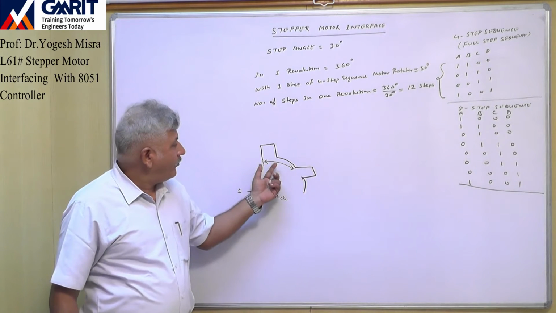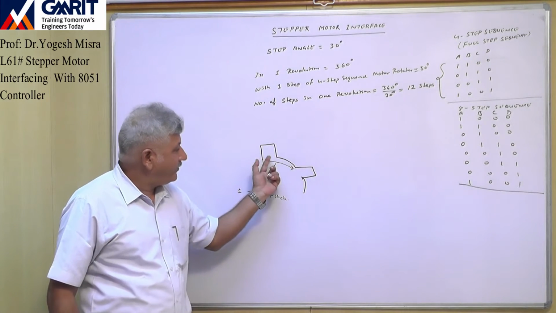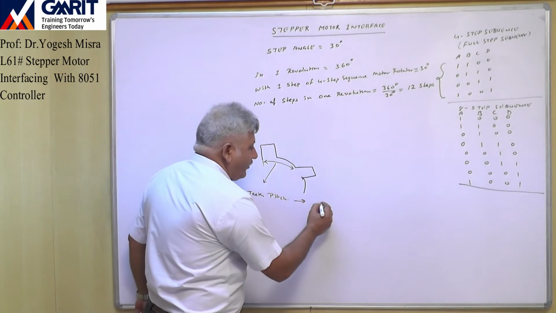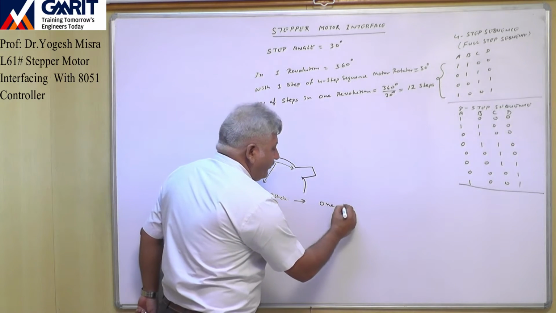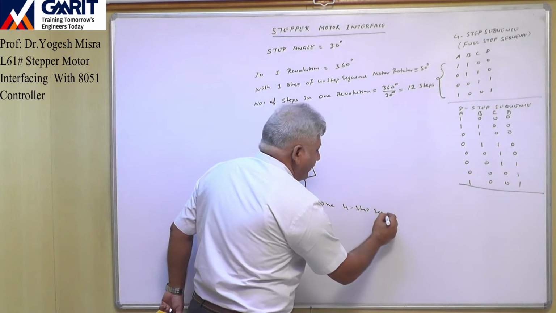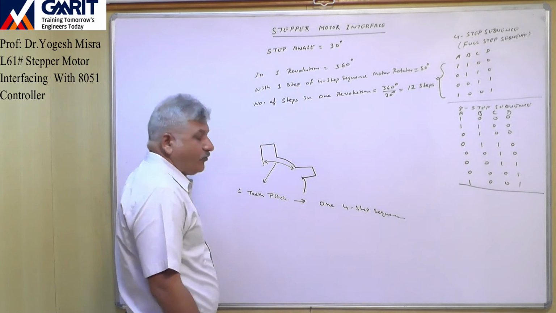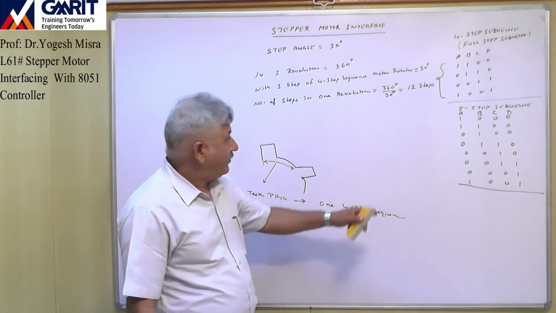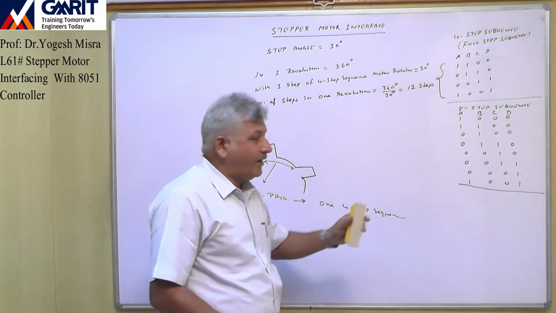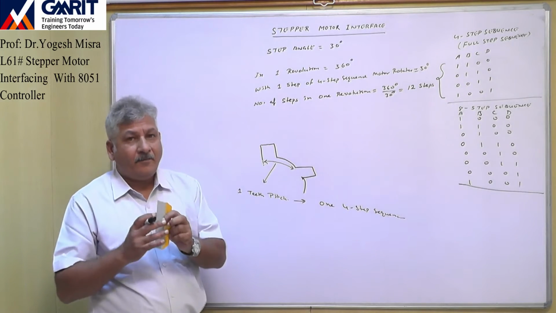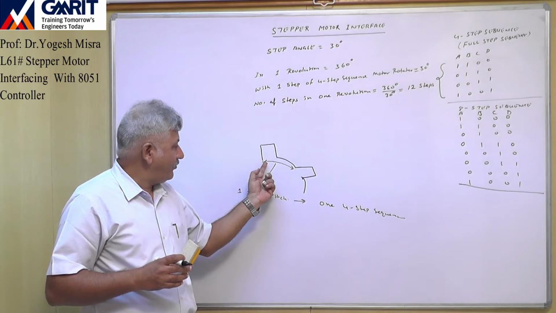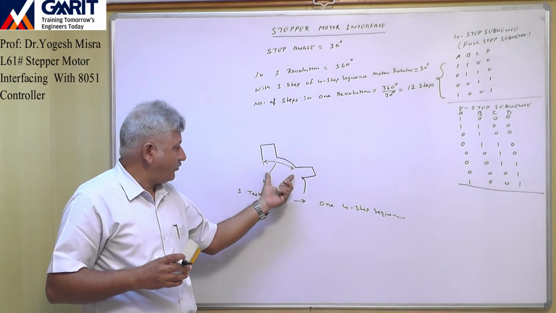To rotate the motor by this one tooth pitch, we require one 4-step sequence. These 4 steps are required, these 1, 2, 3, 4. So 4 steps are required to rotate the motor, and inside the motor there is a rotor.